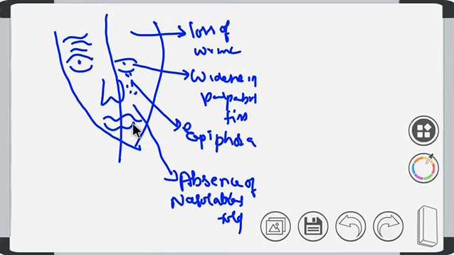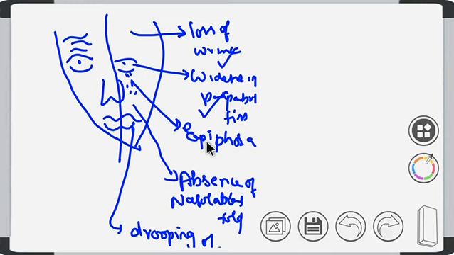At the angle of the mouth, we can see drooping of the angle of the mouth. So these are the important signs. What are the signs? Loss of wrinkles on the forehead, widening of the palpebral fissure, epiphora, absence of the nasolabial fold, drooping of the angle of the mouth.